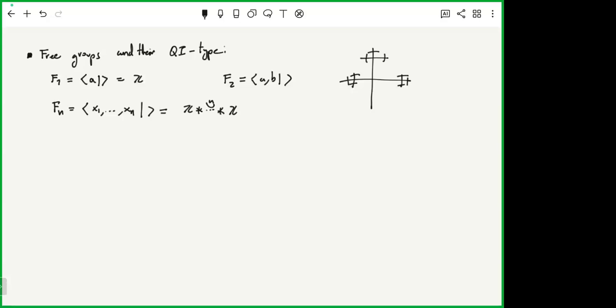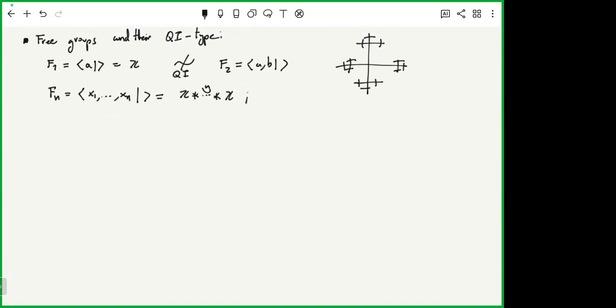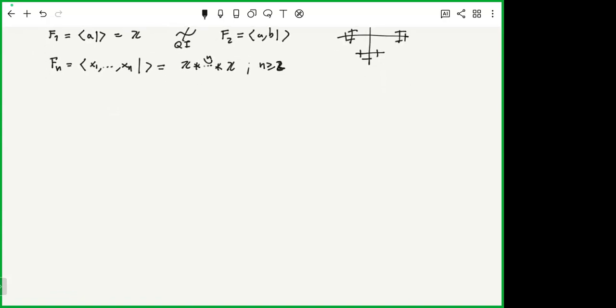So we can already tell intuitively that these two groups do not look the same. But we still have this question for greater n. So what will happen is the following: F1 is not quasi-symmetric to F2, but then F2 is going to be quasi-symmetric to Fn for every n greater than 1.